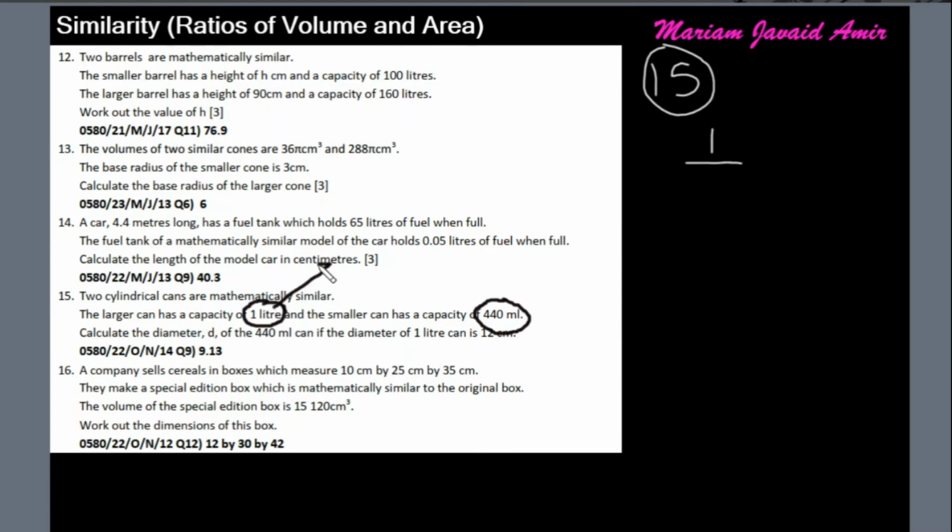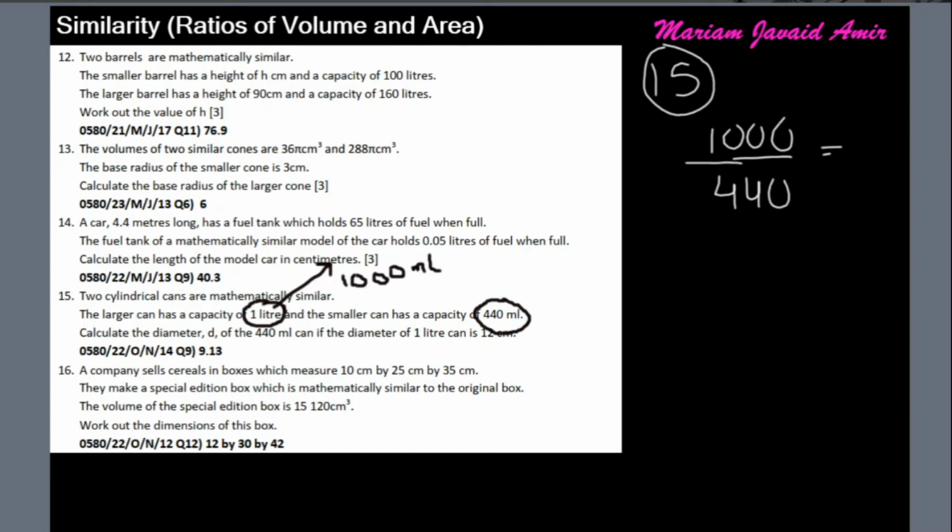Let me change this into milliliters by multiplying it with 1000, so this becomes 1000 milliliters. The units of the volumes need to be the same, and the units of the lengths need to be the same, always.